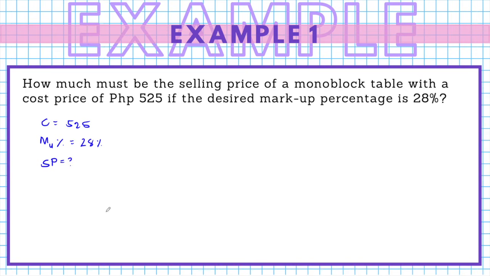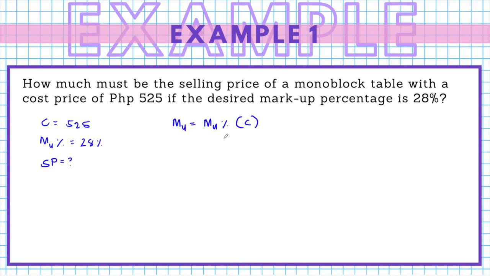Okay, so now that we know what is given as well as what is missing, let us try to determine what formula we have to use. Since we are given the cost price as well as the markup percentage, we can use the formula markup is equal to the markup percentage multiplied by the cost.